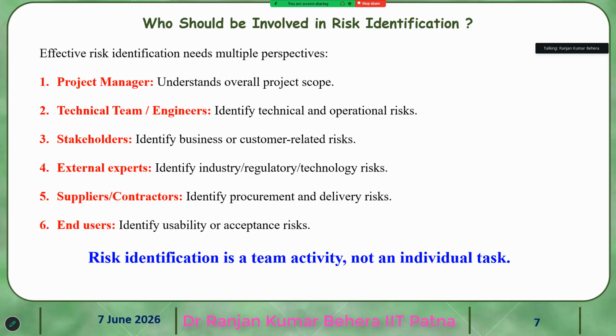There are a lot of risks associated with that technology as well. Then suppliers and contractors identify procurement and delivery risks, and the end users identify usability or acceptance risks.